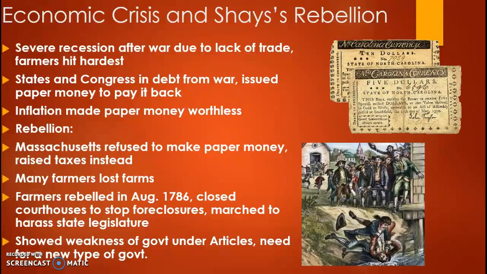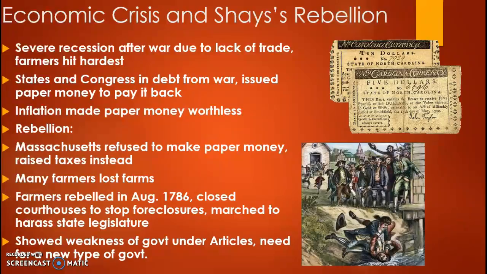Well, the paper money wasn't backed by anything and was often different from state to state. If you can see the little examples there on the right of North Carolina and South Carolina currency, you can see there were different types of dollars. There were $5 bills, there were a third of a dollar bills, and each state actually had a different worth for their dollars.